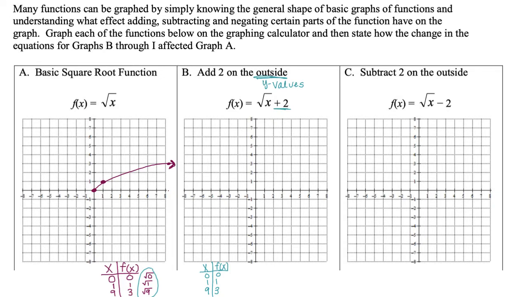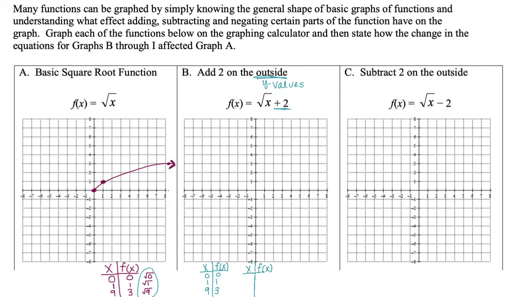So that's where you need to add your 2. So let's go back down here, and it's saying to add 2 on the outside, which is going to be our y values.